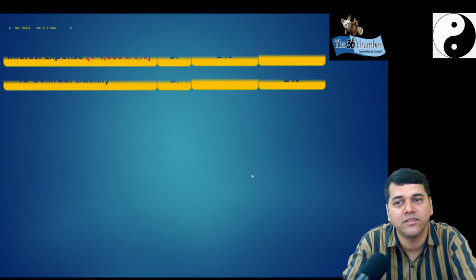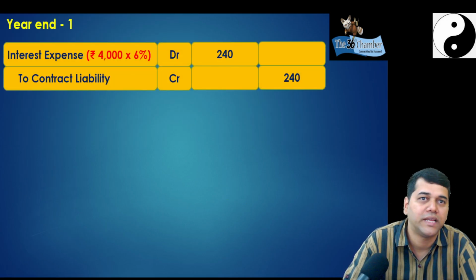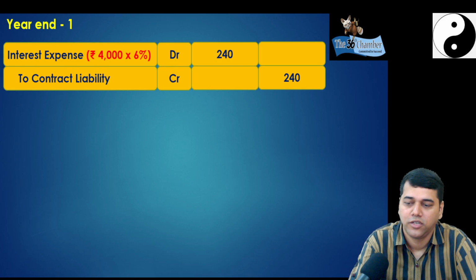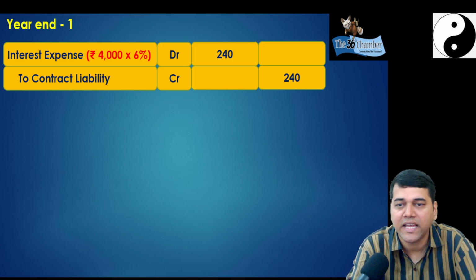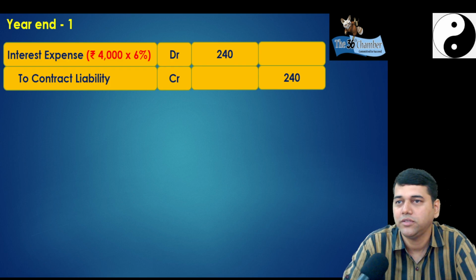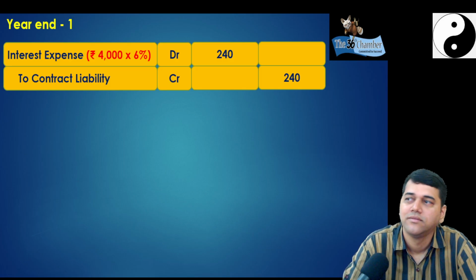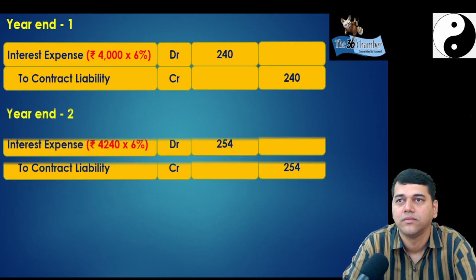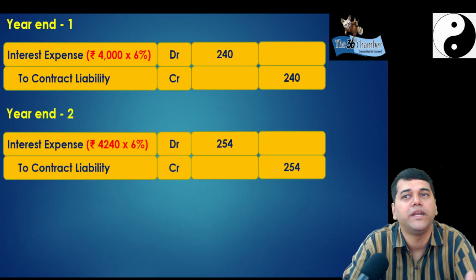How did you get this? 4,000 is the opening liability, amortization schedule, simple. Debit to contract liability. Again at the end of the next year, the same entry you are going to pass. Amount: 254, because this becomes accumulated now.